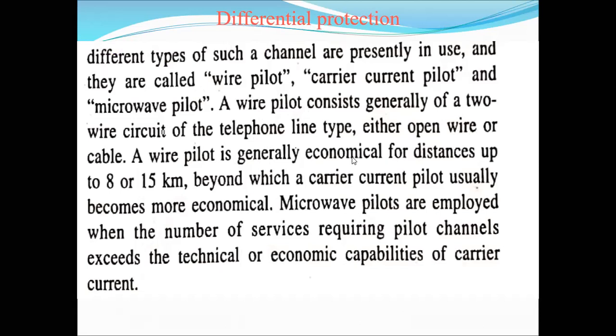These wire pilots are generally like telephone lines. A wire pilot is generally economical for distances up to 8 to 15 kilometers only, beyond which a carrier current pilot usually becomes more economical. Beyond that length we are using the carrier current differential protection or carrier current pilot wires.